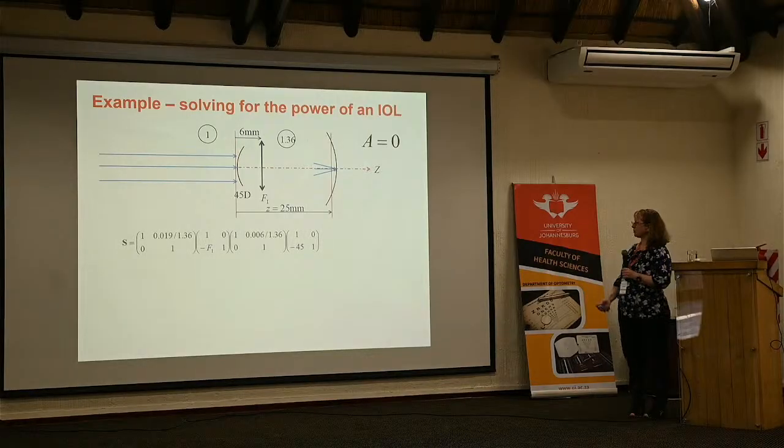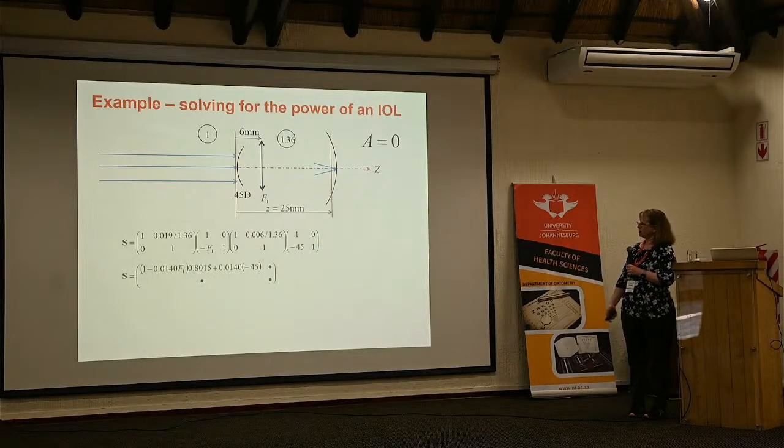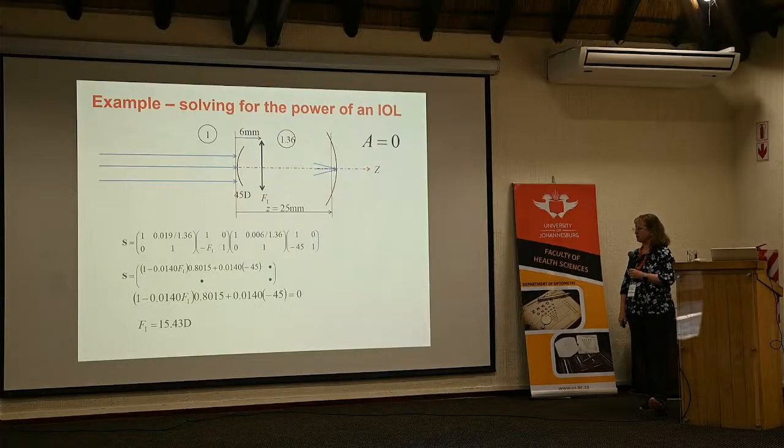We can now set out all our transferences: the vitreous chamber, our unknown intraocular lens power, the aqueous chamber, and the corneal power. We multiply out, and we only need A, of course. We set this equal to 0 and solve for the intraocular power, which in this case is 15.43.